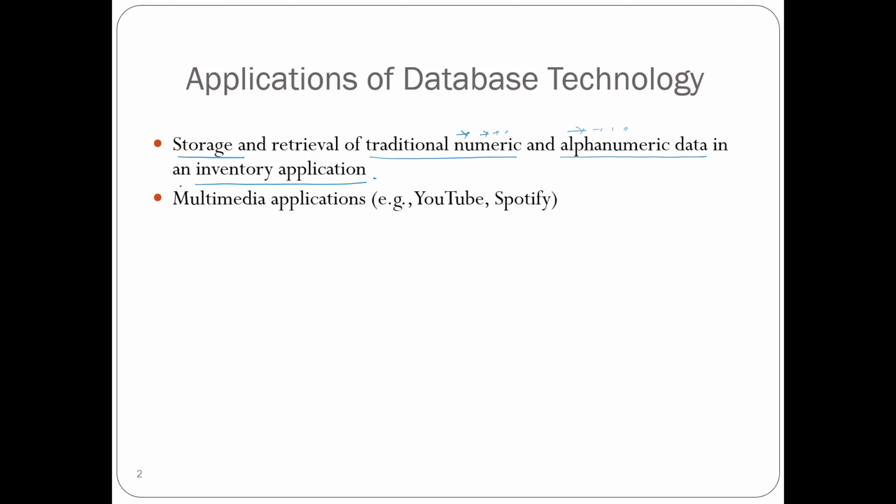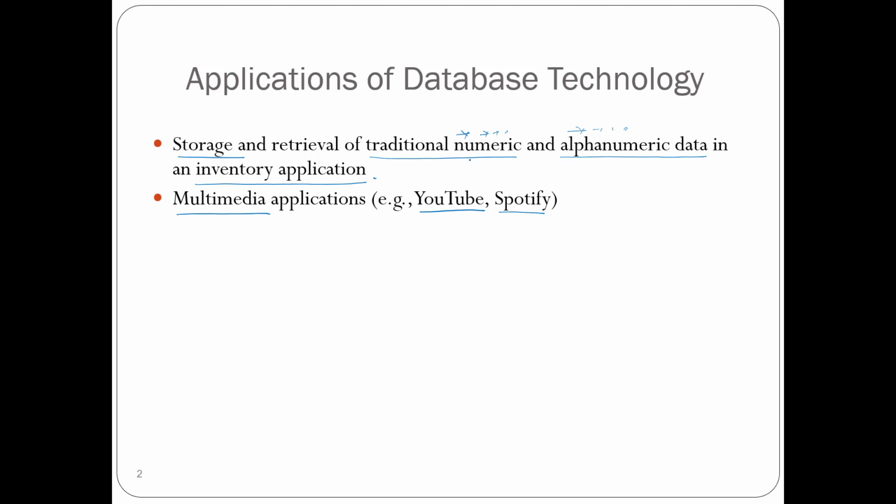Let's look at a slightly more interesting one which we use very often in day-to-day life. I use YouTube a lot, and I would assume that a lot of you use YouTube, and some of you might be using Spotify as well. The second example is a database where the data that we are storing is multimedia data.